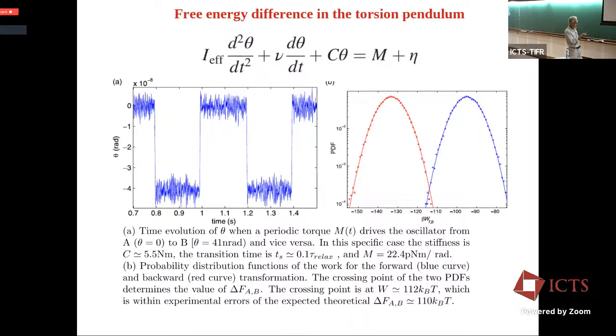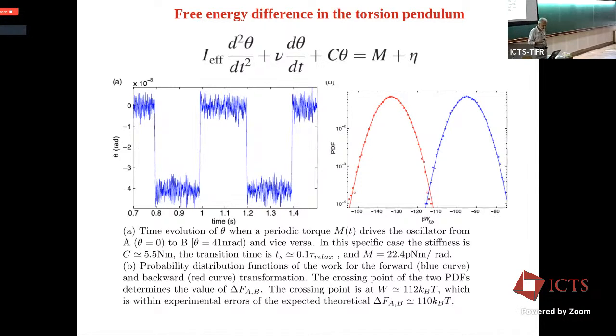And in spite of that, when I construct the probability distribution function of the direct and the reverse process, you see that they cross in the middle. The crossing point, as indicated here, is very close to the free energy difference that you can easily compute between the two states in this system. So this was a nice experimental exercise.